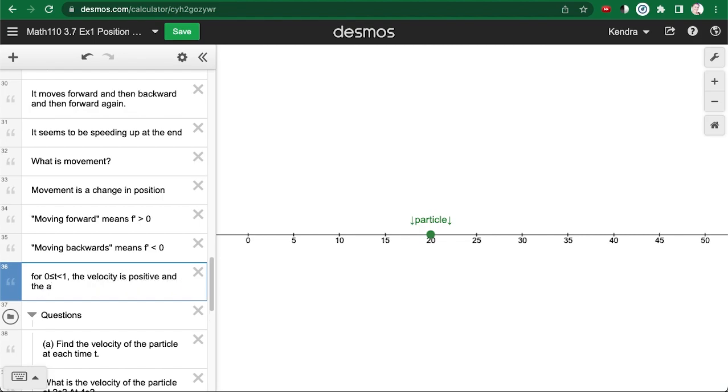And the acceleration is negative. So the velocity is positive, which means that the particle is moving forward. But since the acceleration is negative, that means it's going to be moving forward at a decreasing rate. So the velocity is positive, but it is becoming less positive.